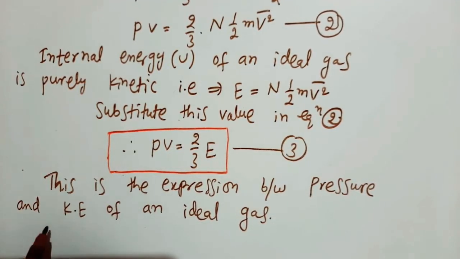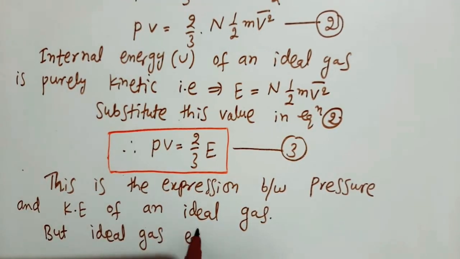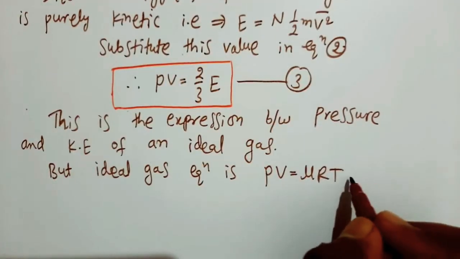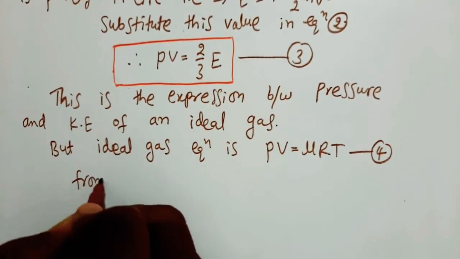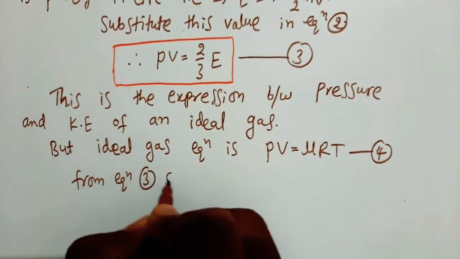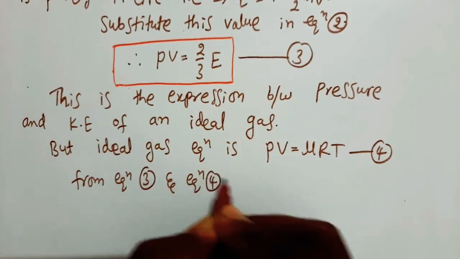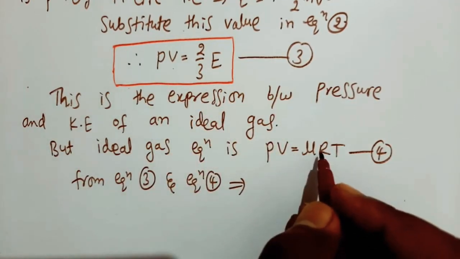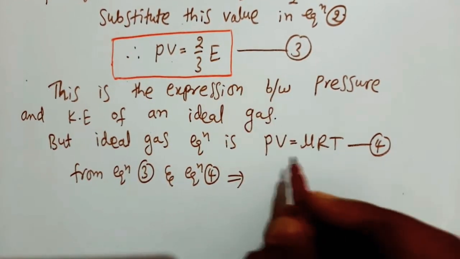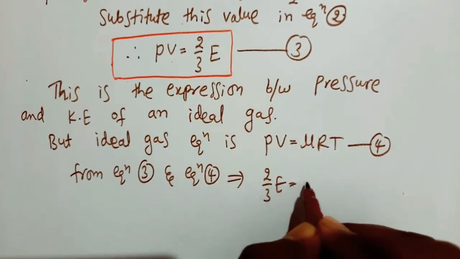But we know the ideal gas equation is PV = μRT. Let us take this as the fourth equation. So from equations third and fourth we can write, here PV = 2/3 E and PV = μRT. From equations 3 and 4 we can write 2/3 E = μRT.